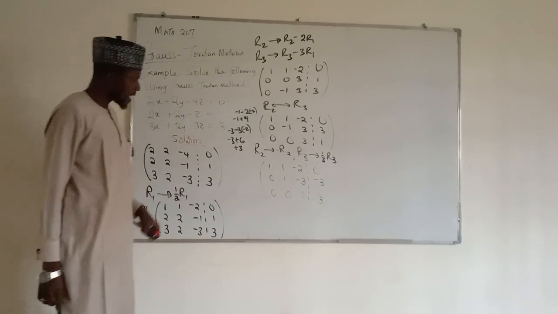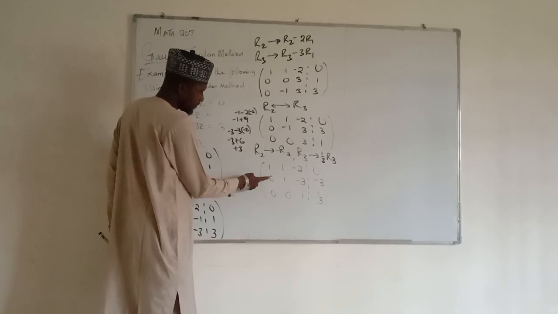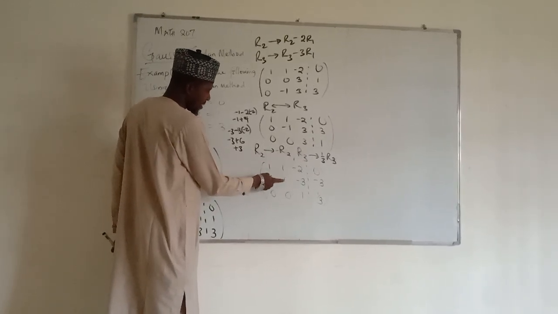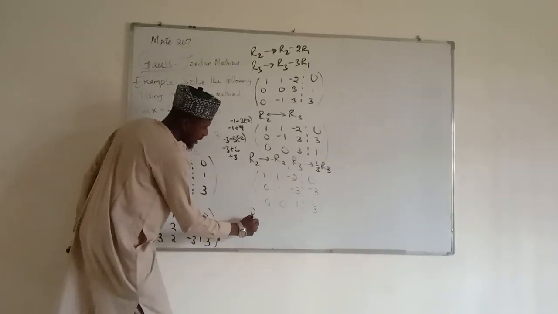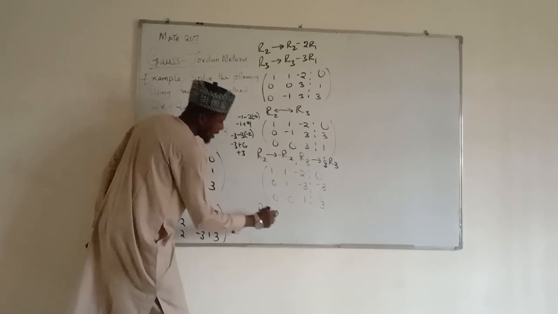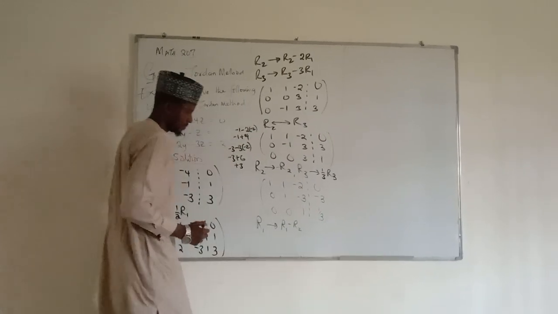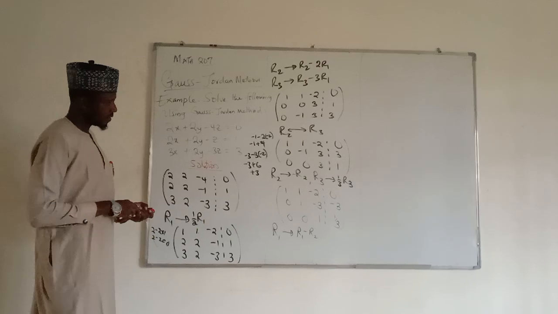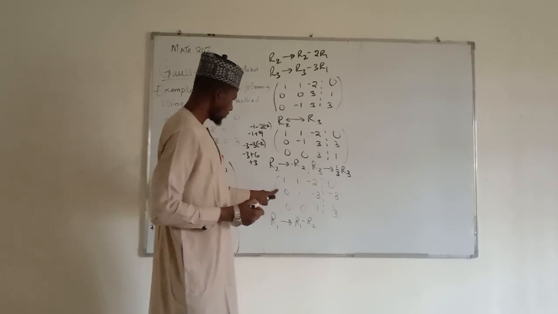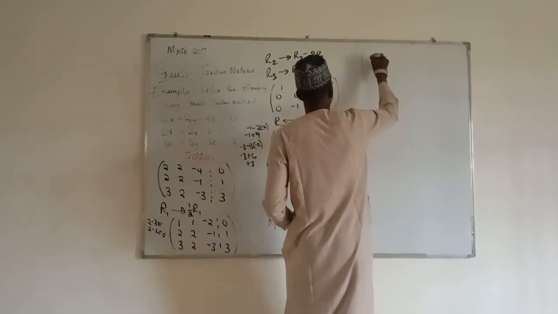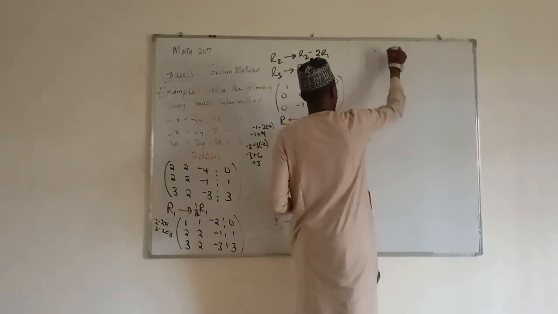So what are we going to do? If we subtract 1 minus 1, it will be 0. We can now see that R1 is going to be R1 minus R2. So we have 1 minus 0 is 1. 1 minus 1 is 0.